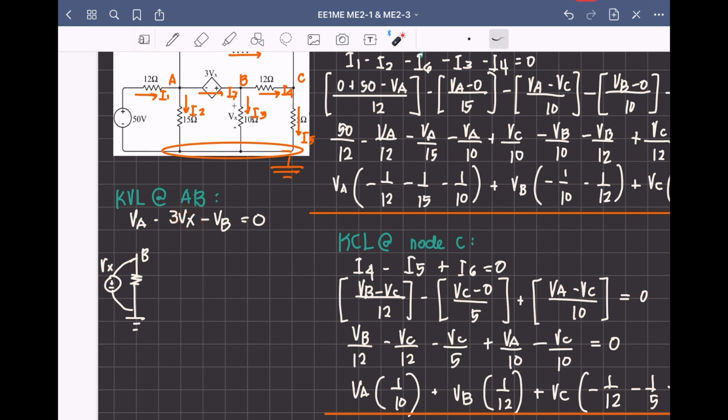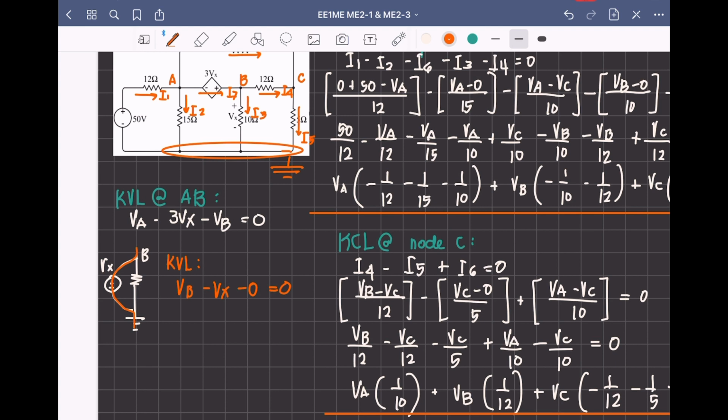By nodal KVL, we loop on the outside. We bypass the resistor placed in the branch. What would happen there, if you do KVL there, that would be VB, entering the positive, leaving the negative of VX, right? So, minus VX, back to the ground, minus 0, and then equate to 0.